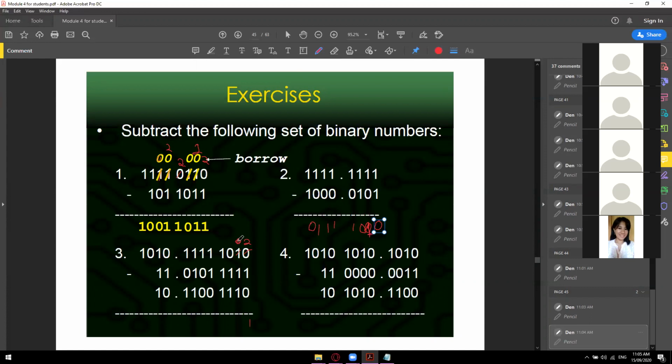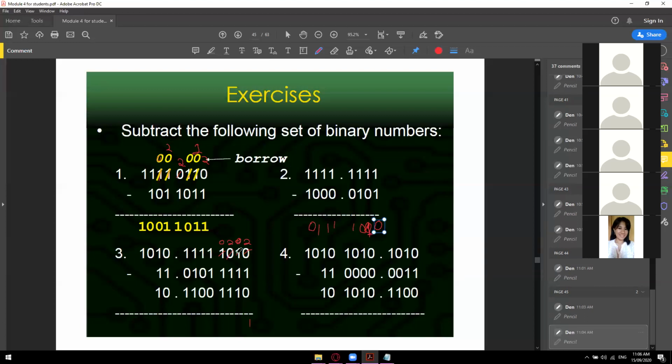So 0 minus 1 cannot be, so we have to borrow. Okay? So, kailangan hiram na tayo dito sa 0, pero wala tayong mahihiraman kasi 0 pa lang siya. So ngayon, kailangan yung uutangan natin, uutang din muna siya. Okay? So, gawin muna natin tong 2. So, ito, hihiram dito. So, yung 1 magiging 0, yung 0 magiging 2.